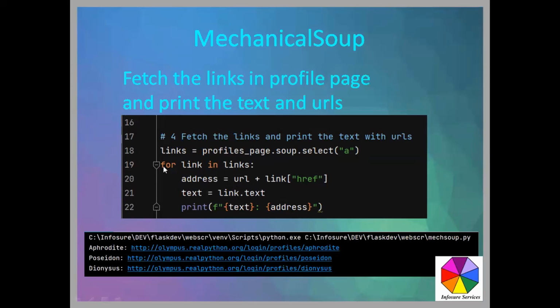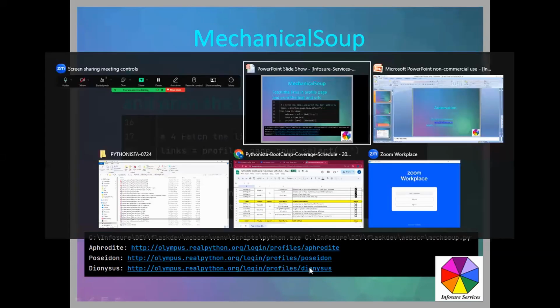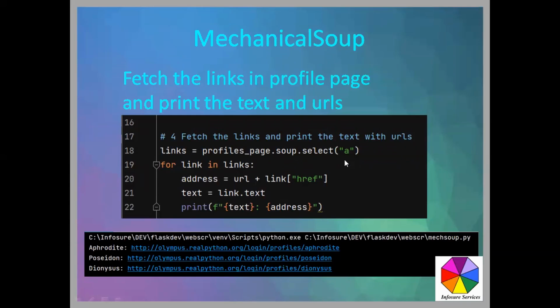This is a certain piece of code we will see as it runs. This is a slightly different form of web scraping. There it printed, I got the output here. Aphrodite is that profile, Poseidon, this profile, Dionysus, this profile. So this is a real page. We're not going to do the live activity, but I'm just walking through however the page is available.